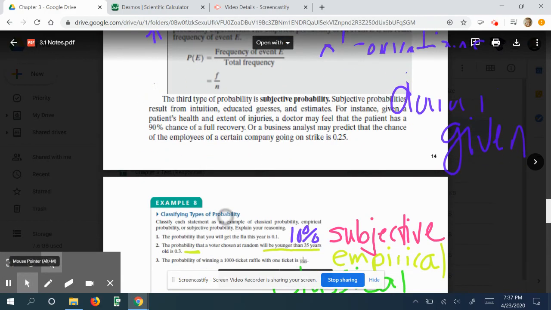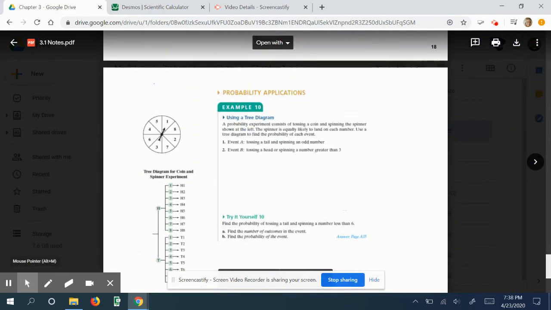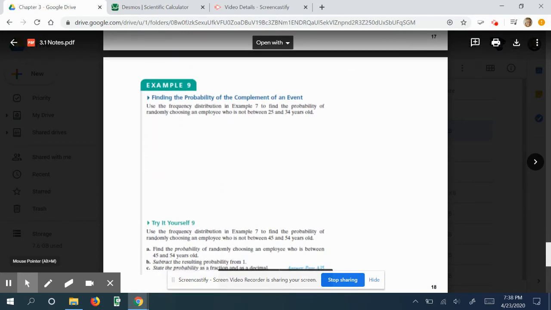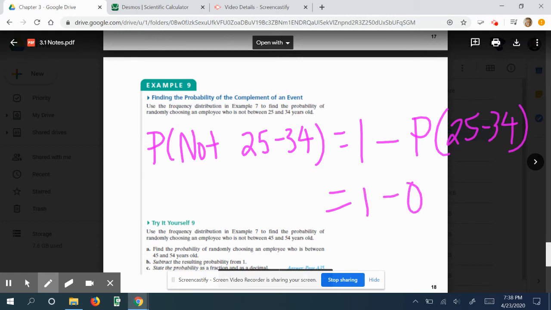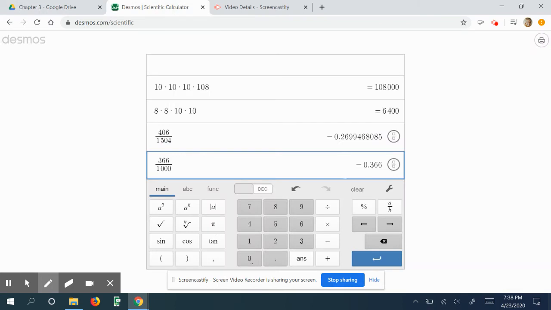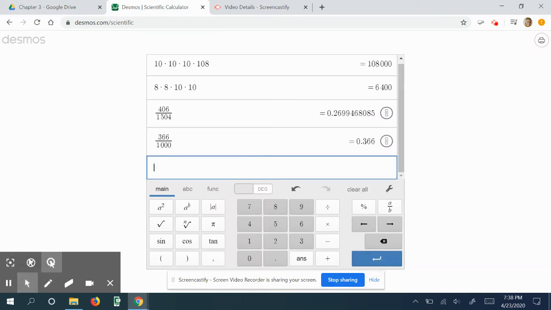So the chance of that not being it, there are two different ways you could do it. One, you could add up all the other ones, or we know that the probability of not 25 to 34 is equal to 1 minus the probability of 25 to 34. So that would be 1 minus 0.366, which I'll use my calculator for. 1 minus 0.366 is going to be 0.634.